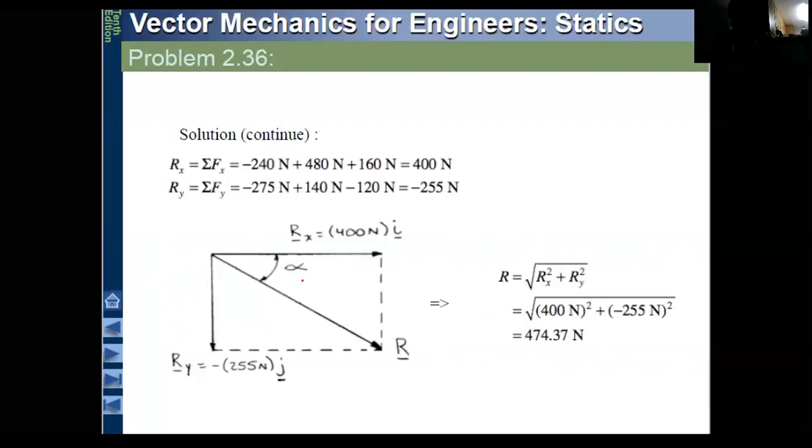And well, you have the components of the resultant force in x direction and y direction. And by this, you can use the Pythagorean rule to calculate the magnitude of the resultant force. And this is the square root of 400 Newton squared plus minus 255 Newton squared.